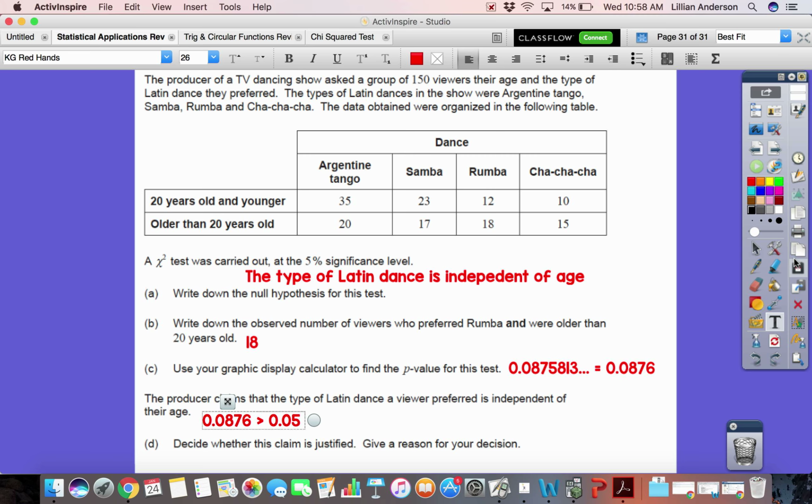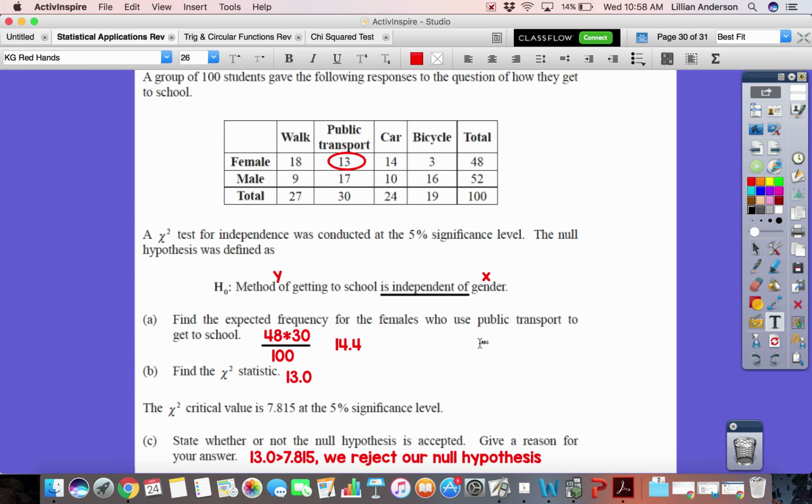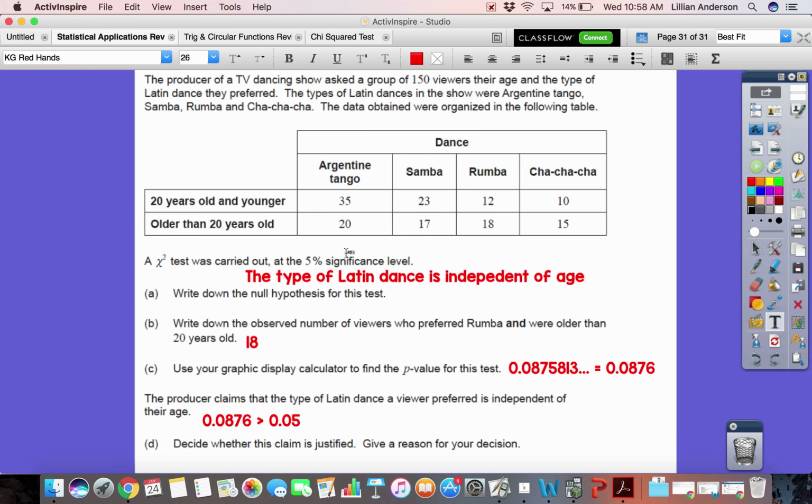And so if the p-value is greater than the significance level, so if it's more than the significance level, you accept it. Okay, so if you accept your null hypothesis, that basically means that the type of Latin dance is independent of age. And the producer said that Latin dance is independent of age.